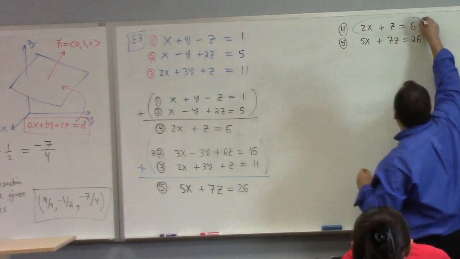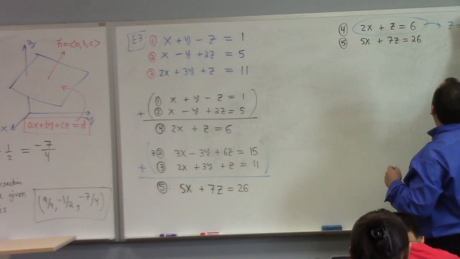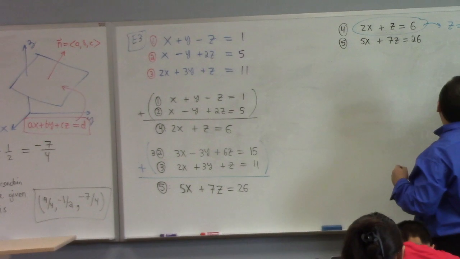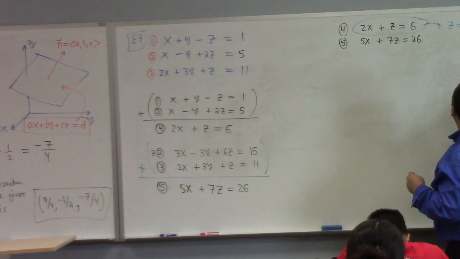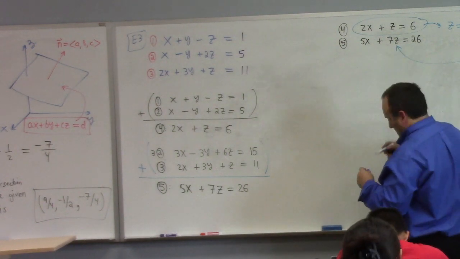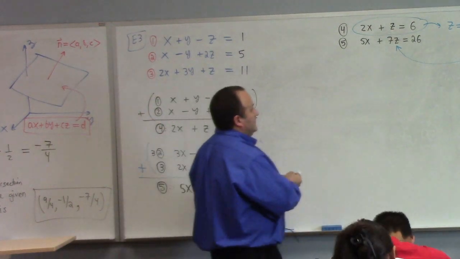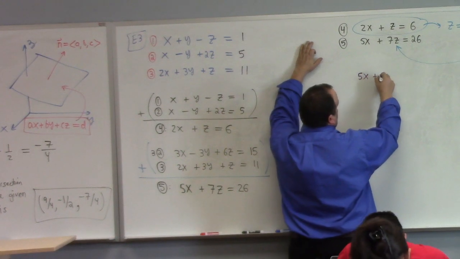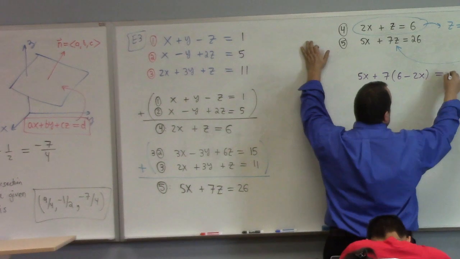This one here gives us z equals 6 minus 2x. Then you can plug that in there, and that will give you an equation just involving x, which would be 5x plus 7 times (6 minus 2x) equals 26.